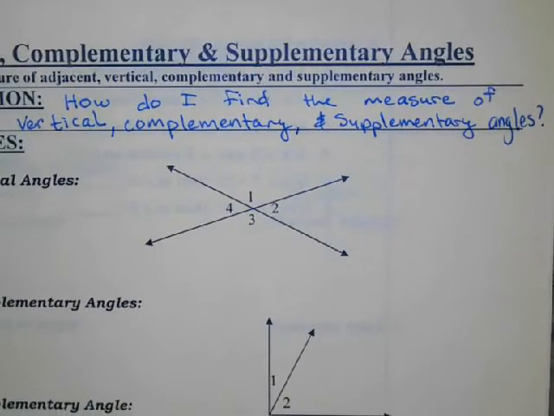How do I find the measure of vertical, complementary, and supplementary angles?